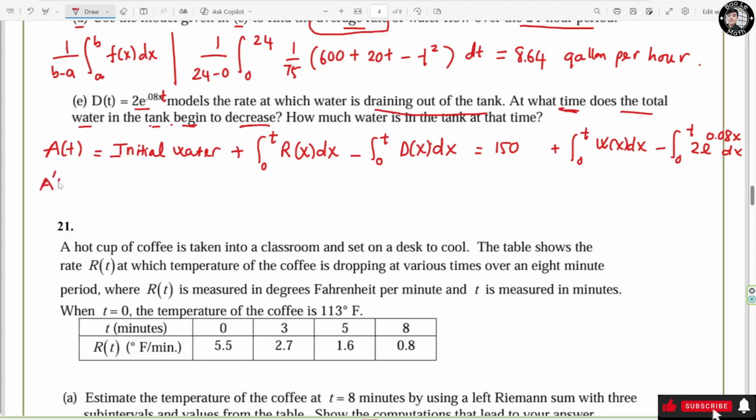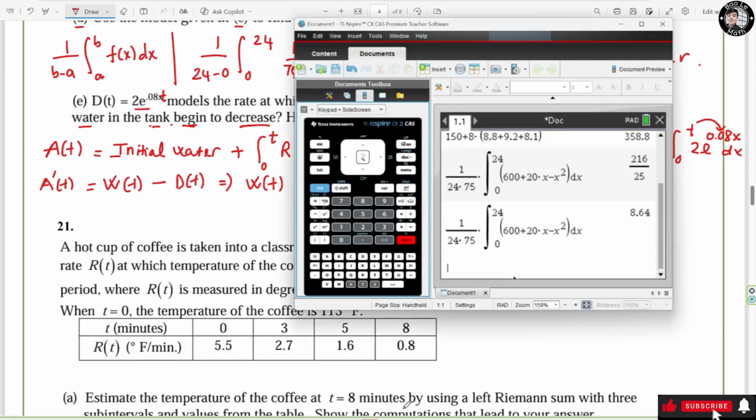So we have A'(t) equals the derivative of this one is 0. For the derivative of this one you just substitute t for s, so it could be W(t) minus D(t), right? Now you need to find the critical number of this one. So basically you need to let this one equal to 0. It's the same thing as W(t) equals D(t), right? So you solve for t. We're going to use the calculator to solve this problem, so I'm going to pull up the calculator.